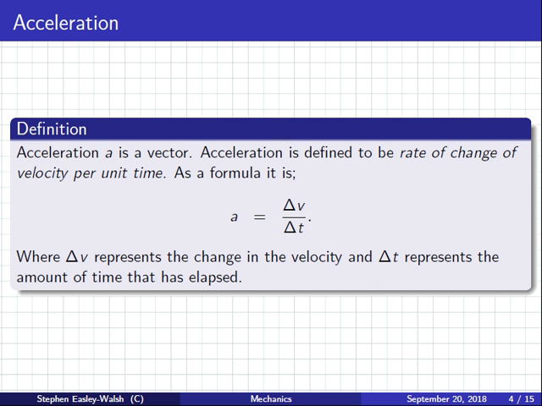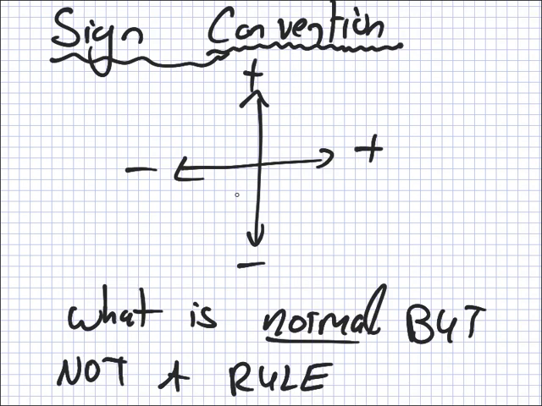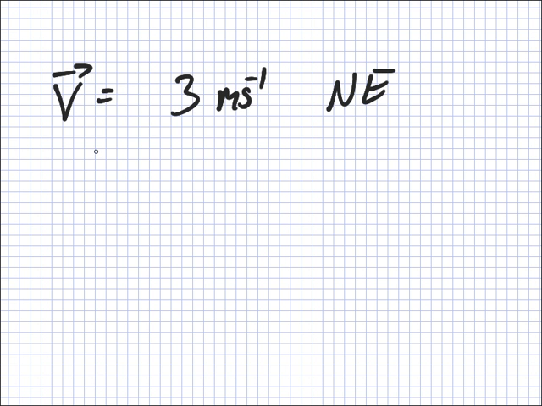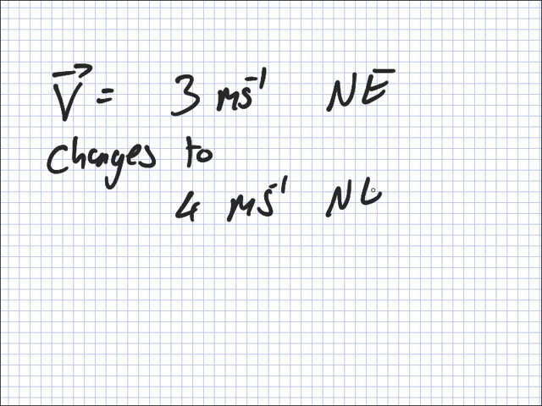So for example, let's say the velocity is 3 meters per second northeast. But then it changes to 4 meters per second northeast.